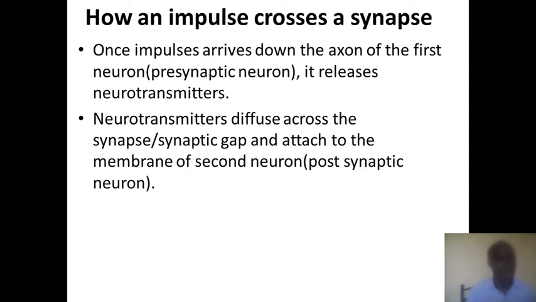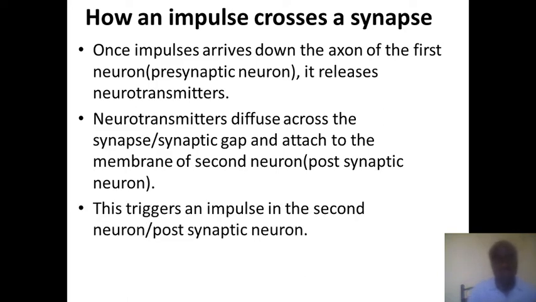That second neuron is what we call the postsynaptic neuron. Post means after. That is a neuron after the synapse. Once they reach the postsynaptic neuron, they bind to receptor cells and they will trigger an impulse in the second neuron. And once the impulse has been triggered in the postsynaptic neuron, that means an impulse has crossed the synapse.